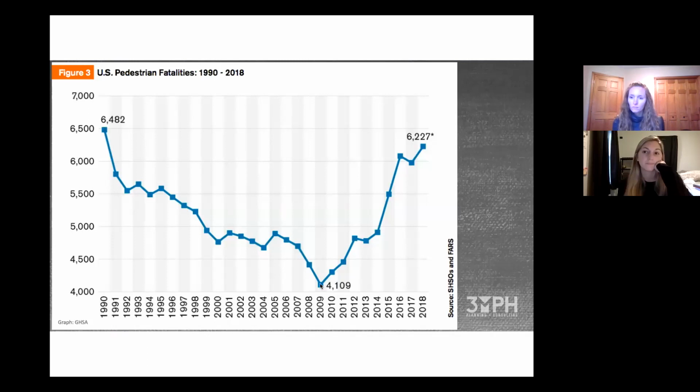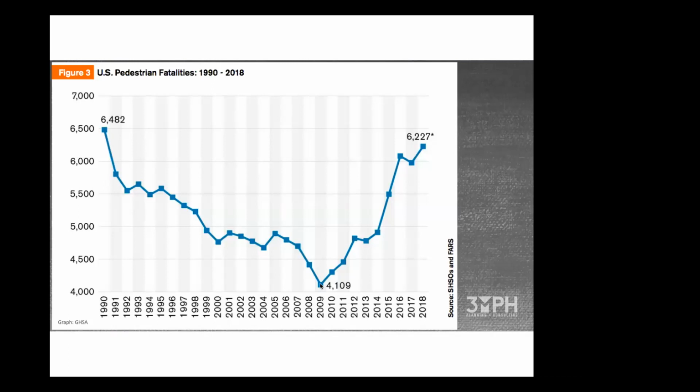So if we go back about a decade, since then we've seen about a 50% increase in pedestrian deaths. This is actually really unusual in traffic safety. For the most part, since the 1970s, we've had fewer fatalities over time because we've introduced things like seat belts and airbags.